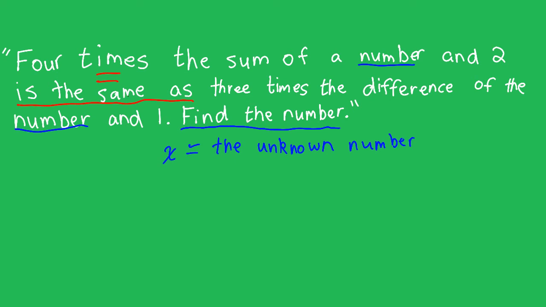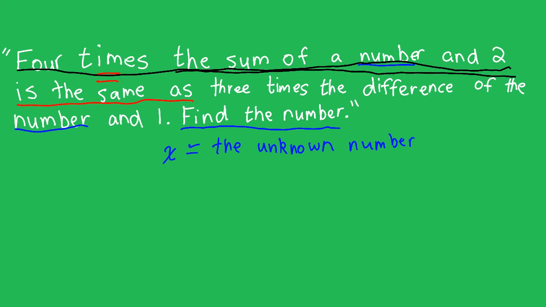So I'm going to translate the left side of this equation first, in black, and then after that I'll take care of the right side. So 4 times the sum of a number and 2. I'll break this into parts here. The sum of a number and 2 looks promising. We have a code word here, sum of. That means addition.